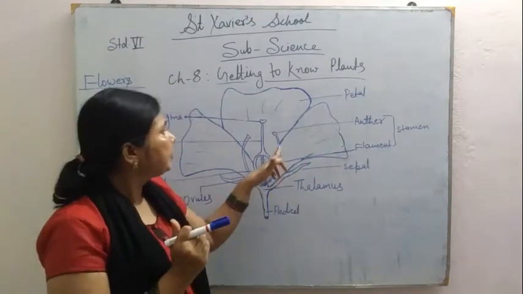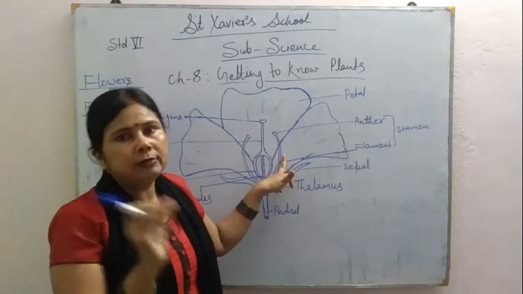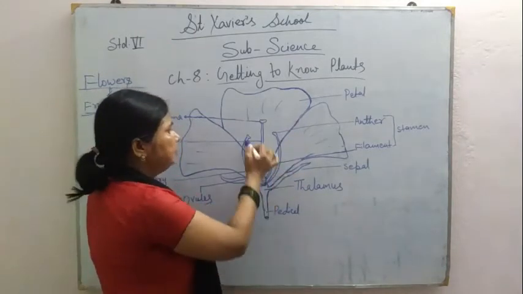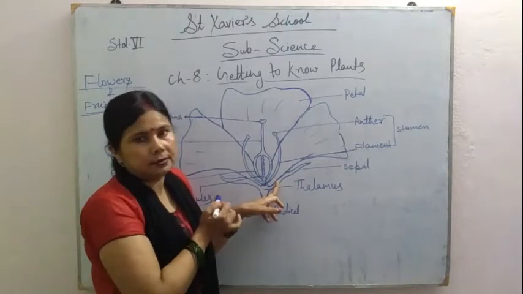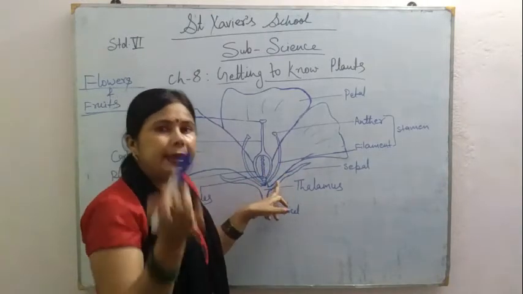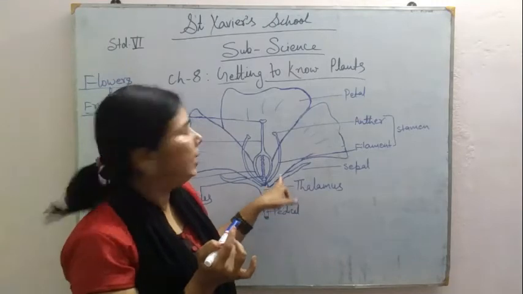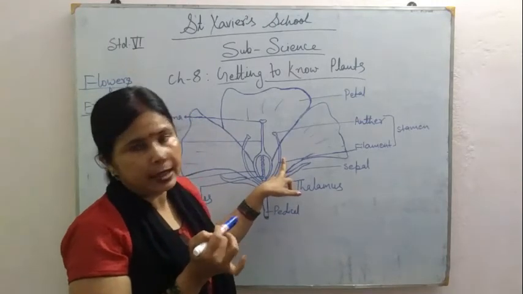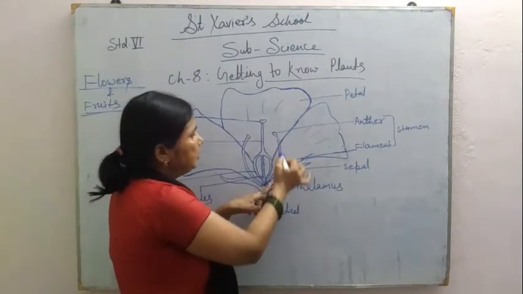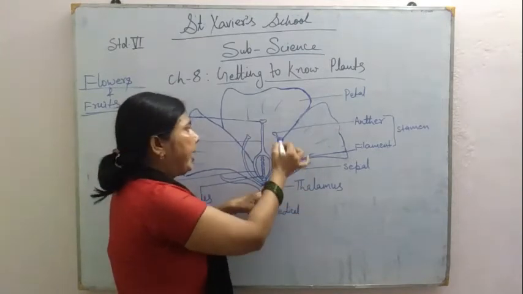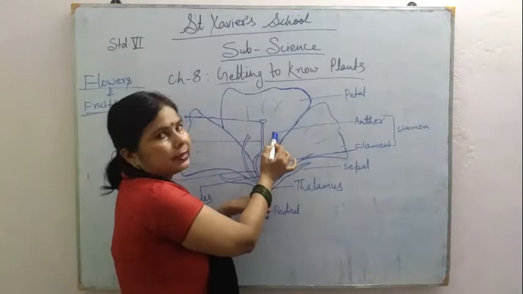You will see some tube-like structures. These structures are called stamens. These are the male part of a flower. या flower का male part होता है. And this is a stamen, and this is a tube-like structure, and at the top there is a bag-like structure.